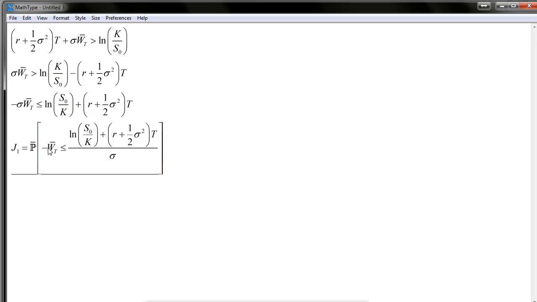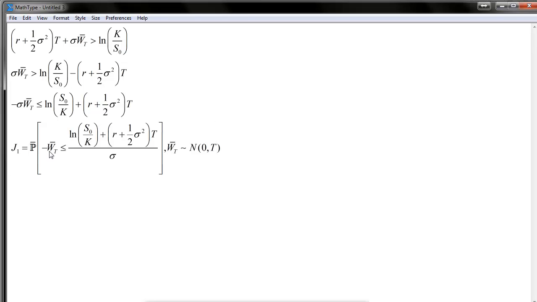Well, it's this Wiener process or Wiener variable. What's the distribution of this term? Well, it's normal with zero mean and variance t.